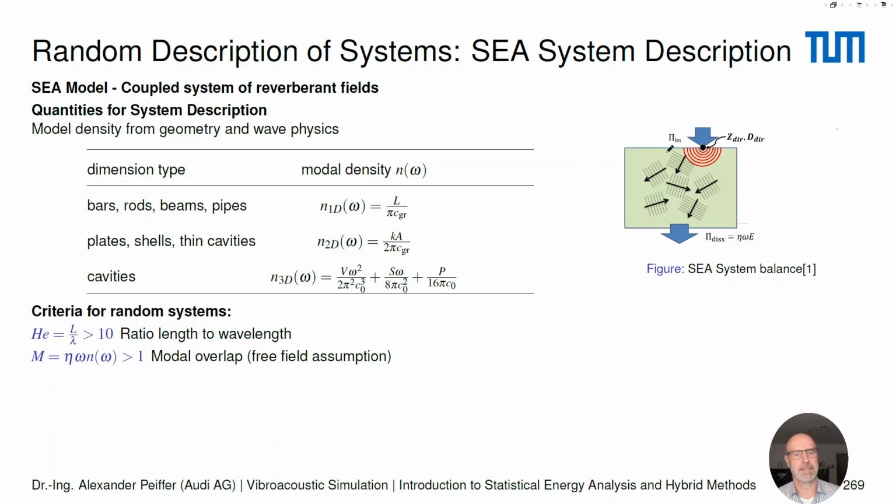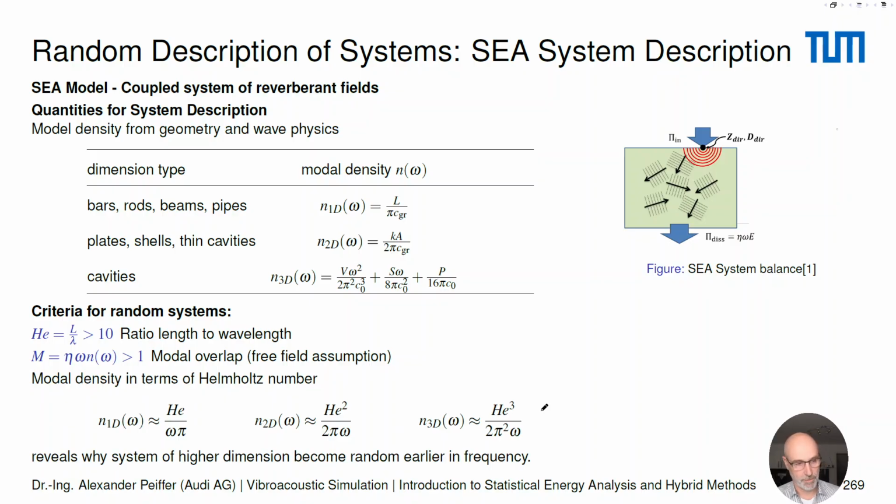If there are less than 10 wavelengths fitting into our subsystem, you should not even think about using SEA. Another very important criteria is the modal overlap, because the modal overlap defines if the free field assumption is correct, so that the input power can be derived just by assuming a free field impedance or a free field radiation stiffness.